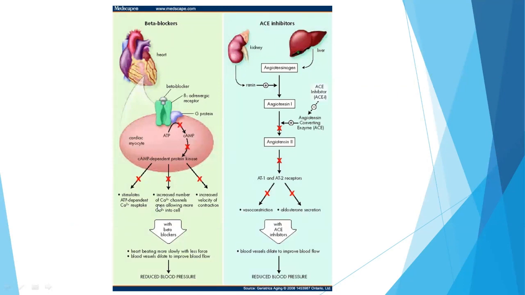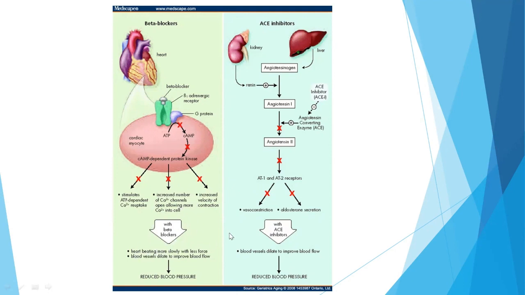Remember, if we do not let the calcium go inside the cell, there will be decreased contraction, decreased velocity of contraction, and decreased heart rate at the same time with beta blockers.